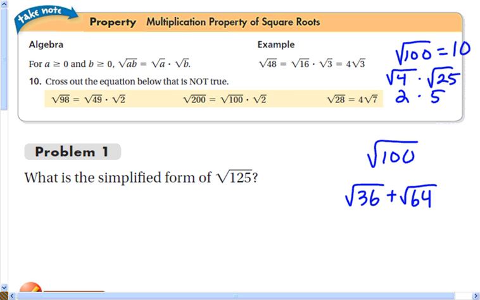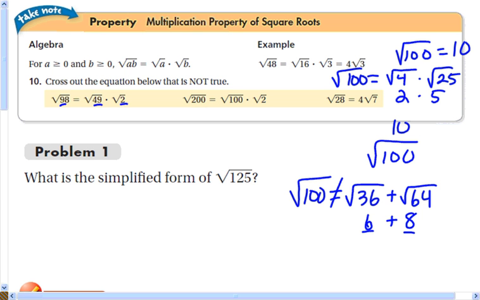Just to prove it, the square root of 36 is 6, the square root of 64 is 8, and so 6 plus 8 would have to equal 10 for that to be true, and obviously that's not true. So the square root of 100 is not equal to the square root of 36 plus the square root of 64. The square root of 100 is equal to the square root of 4 times the square root of 25. So cross out the equation below. That is not true.